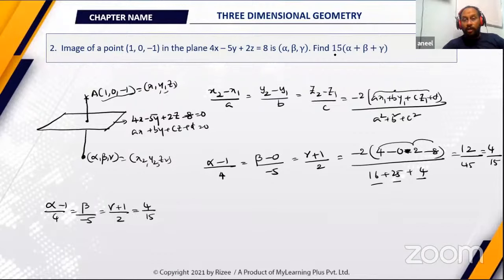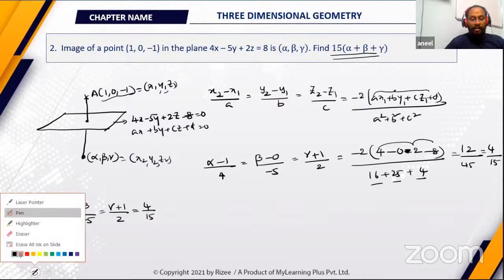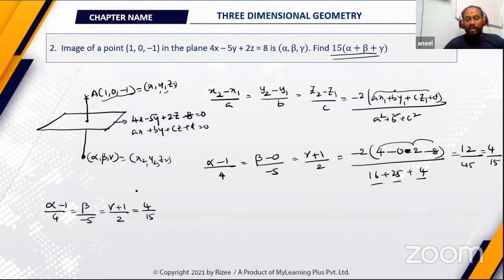Observe, what do we want? We want 15 into alpha plus beta plus gamma. Anyway, you want 15, so why should you find these separately? From these two, if you cross multiply, 15 alpha minus 15 is equal to 16. So 15 alpha is equal to 31. Then from these two, 15 beta is equal to minus 20.